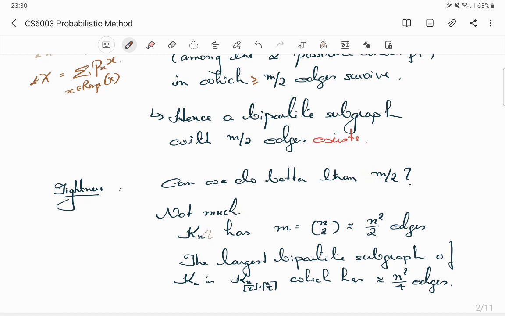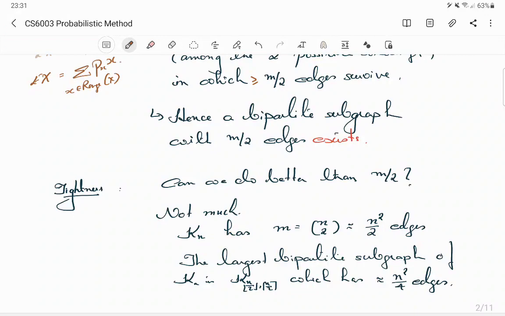If you take a complete graph on n vertices, what is the number of edges? m is equal to n choose 2. If you ignore the rounding, it is n into n minus 1 over 2, but approximately it is n squared over 2. And what is the largest bipartite subgraph inside Kn?